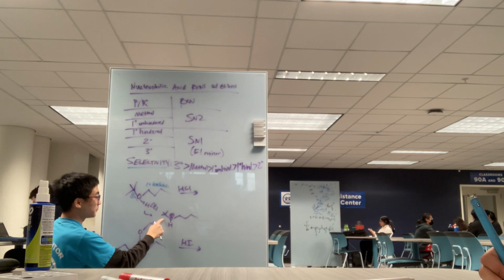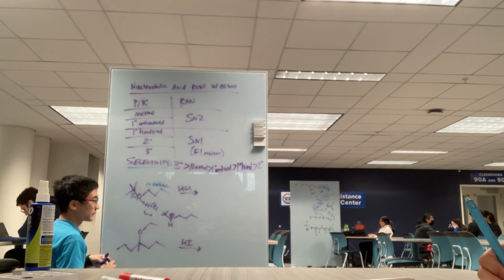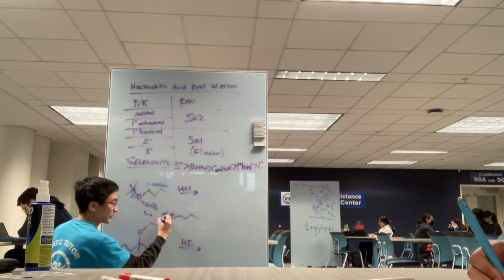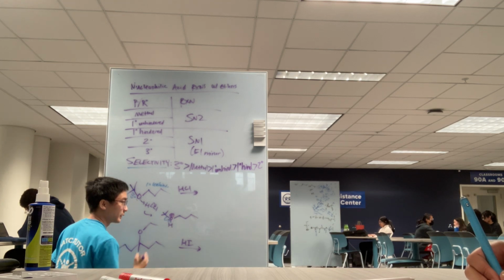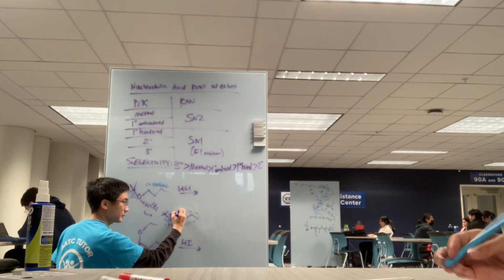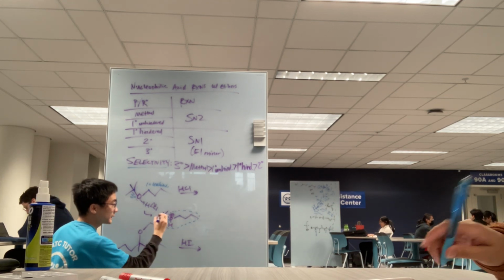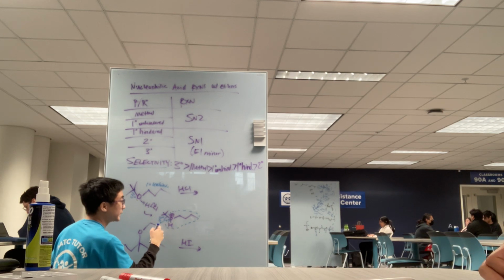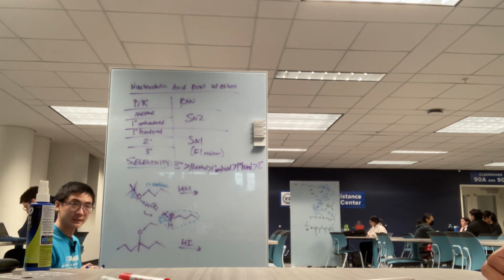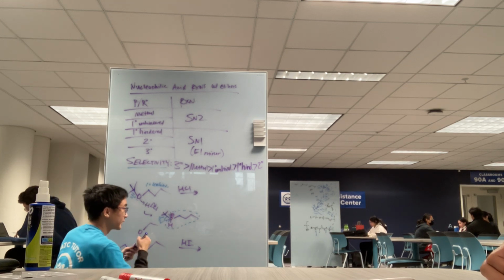But we chose the tertiary carbon to be the priority, so we're going to do SN1 where this is the leaving group, because this tertiary carbon wins over the primary unhindered carbon.